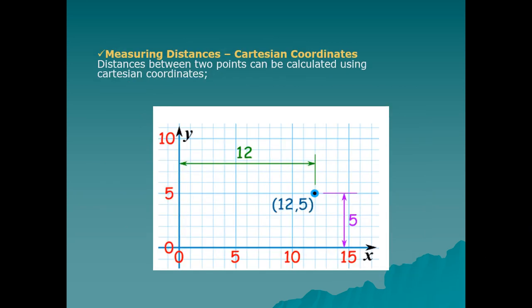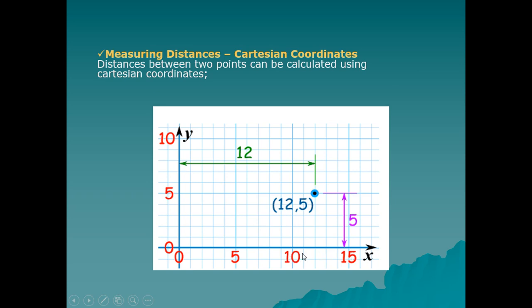And then we also have our Cartesian coordinates, which calculate the distance between two points using Cartesian coordinates. This graph here should look familiar to most of you. Again, we have our y-axis increasing from 0 to 10, our x-axis from 0 to 15, and we can determine the coordinate location here.